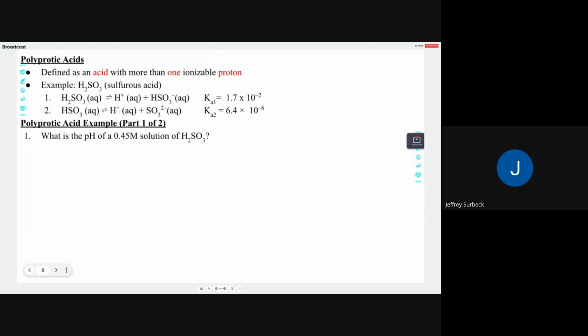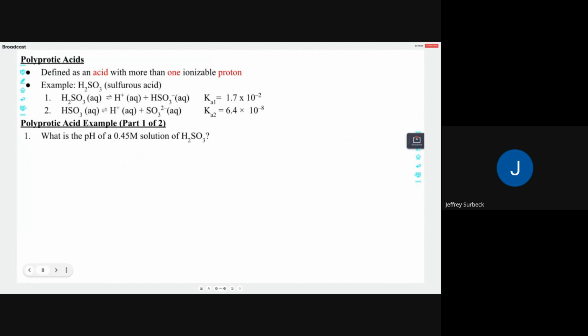All right, last thing that I want to leave us with today is this polyprotic acid. Poly means many, protic is that H plus. Guess what? Sulfurous acid, H2SO3, has two H's to give away or donate. What happens is essentially two acid-base problems occur back to back.